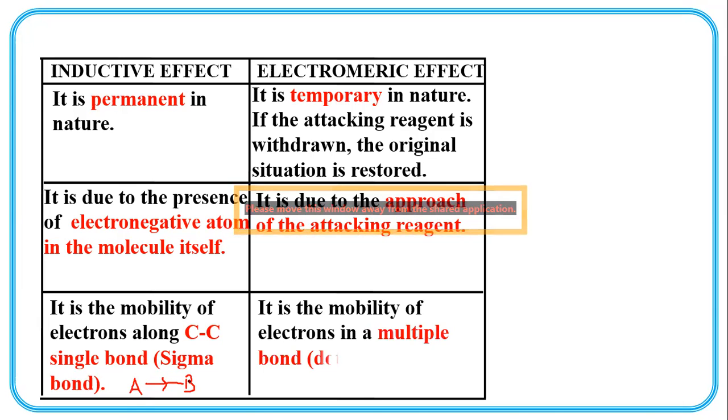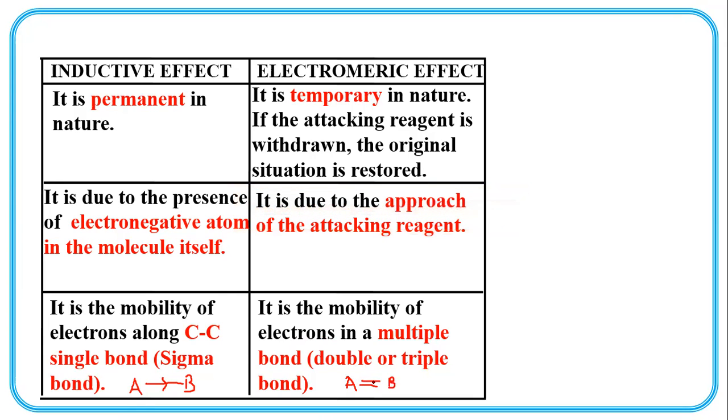And in the electromeric effect, it is the mobility of electrons in multiple bonds, double or triple bonds. This is shown by an arrowhead, a complete shift of the electron pair. This is A and this is B. A curved arrowhead is shown in this way.